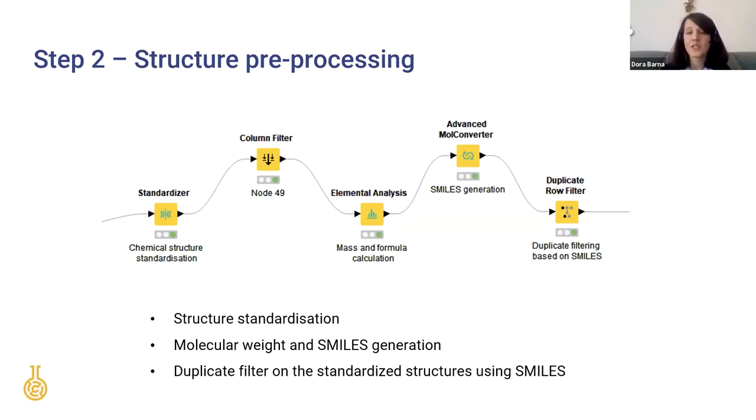And we will also use the generated SMILES values to do a duplicate row filtering, because as a result of the structure standardization, we may have ended up with duplicated SMILES values, duplicated molecules. So with this duplicate row filtering, we can remove those standardized molecules that appear more than once in our data set.